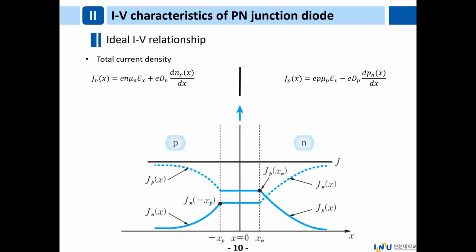Until now, we have been interested in the diffusion current density of minority carriers in the boundary regions on both sides of the depletion layer. But now, let's look at the change in current density by minority carriers in each P and N region.